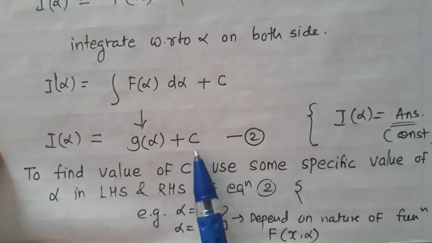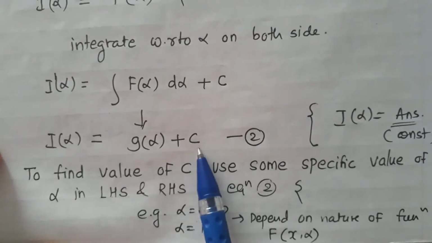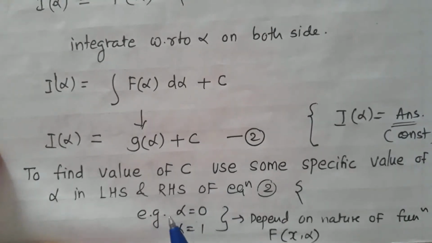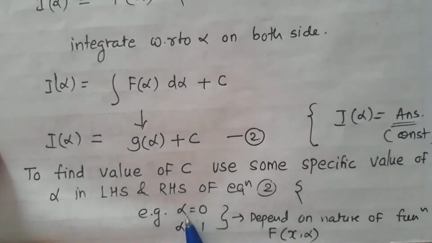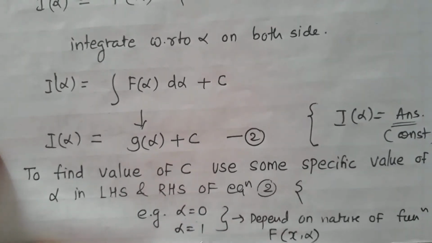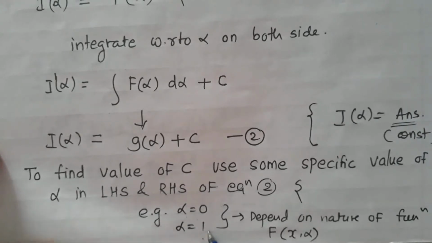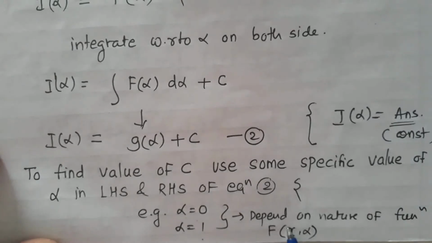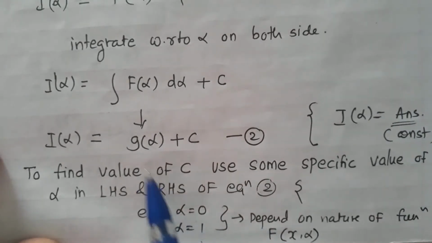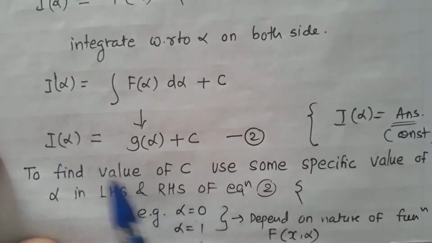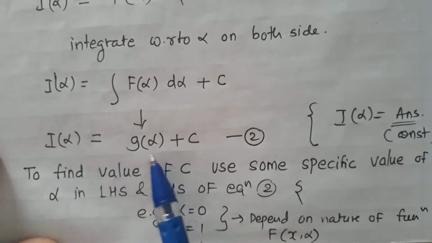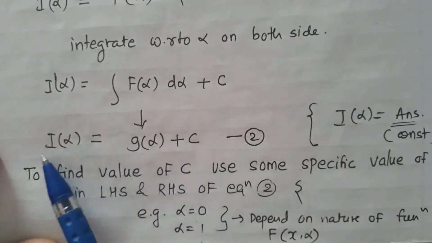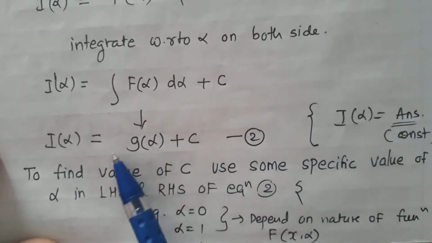This depends on the nature of the function which occurs in the given integral. For example, sometimes we have to use alpha equal to 0, sometimes alpha equal to 1, maybe alpha equal to minus 1, depending on the nature of the function involved inside the integral. Substitute all these values here. Suppose alpha is 0, I of 0 is equal to g of 0 plus c. So find I of 0 from the original integral.